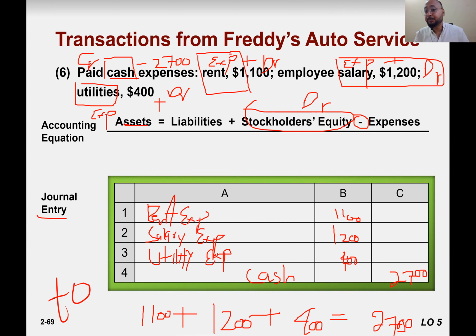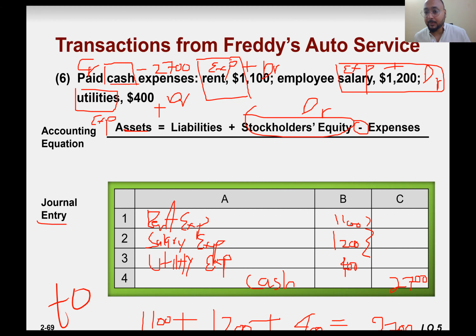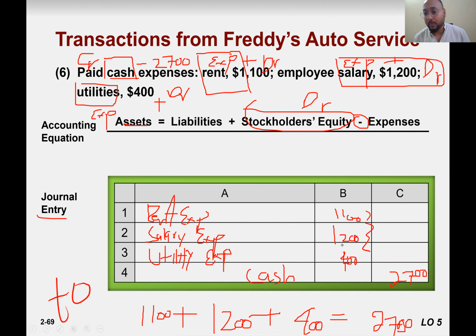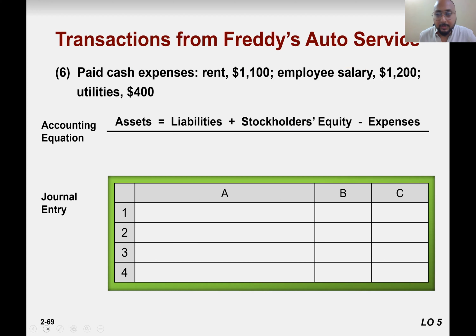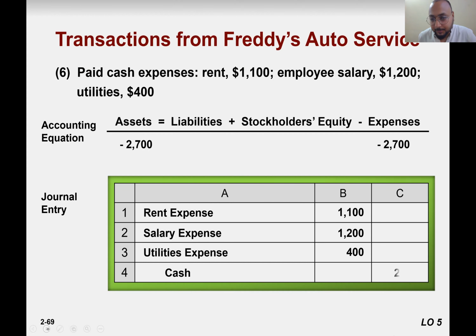And with respect to amount: rent expense 1100, salary expense 1200, utility expense 400 to cash 2700. This is how we pronounce it, right? So let me erase all the mess here. Right, guys?